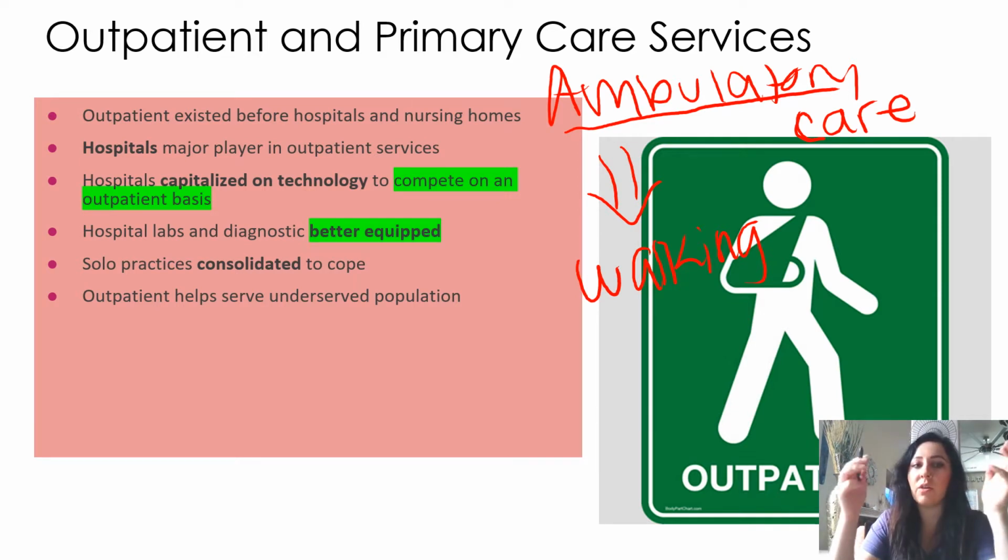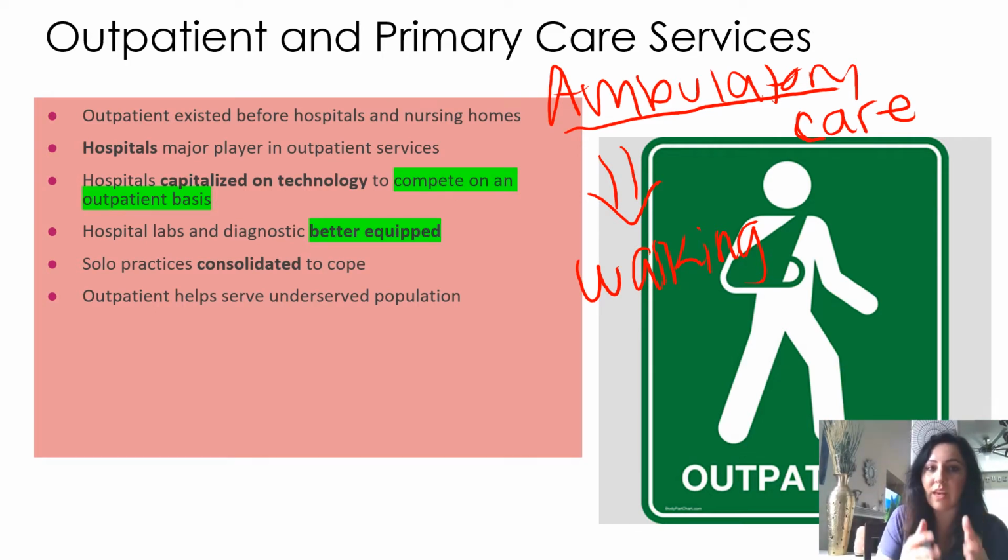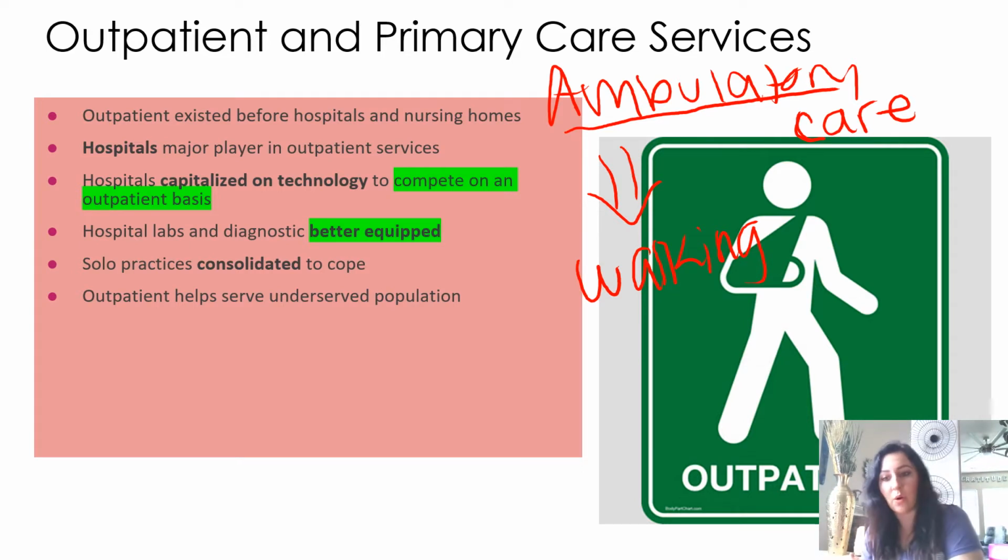When you get outpatient care services, you don't stay overnight anywhere. You go into the facility, you get your services, and then you go home. Or you might be getting your treatment at home. So outpatient care, ambulatory care is walking because you walk in, walk out. That doesn't necessarily mean that everyone is going to be walking, but that's the general idea. You're kind of in and out.